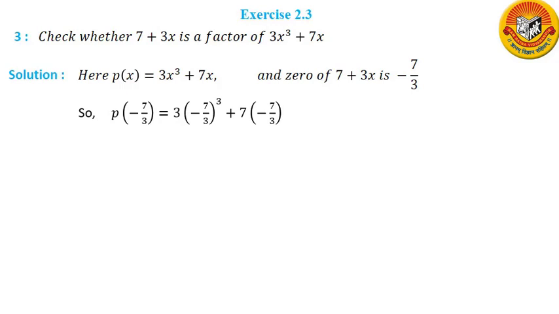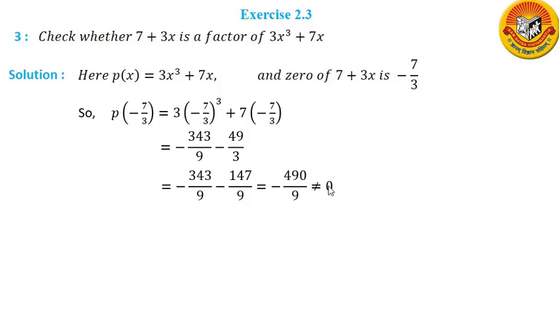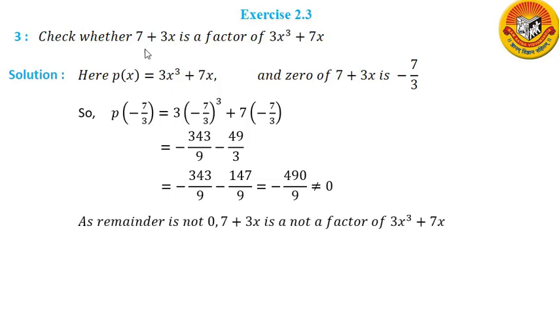So P of minus 7 upon 3 is 3 into minus 7 upon 3 cube plus 7 into minus 7 upon 3. I will get minus 343 upon 9 minus 49 upon 9. Again, the second term I multiply and divide by 3, so I will get minus 343 upon 9 minus 147 upon 9. That gives me minus 490 divided by 9. Now this is not equal to 0, right? So I will say that 7 plus 3x is not a factor of 3x cube plus 7x.